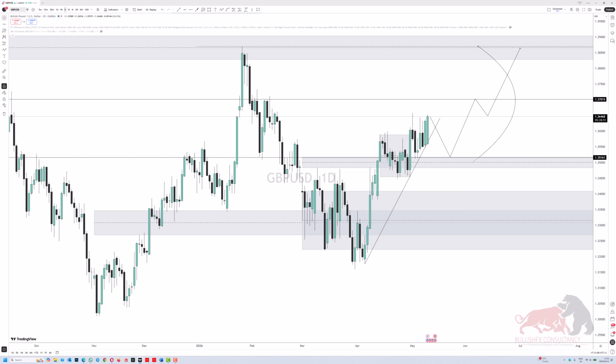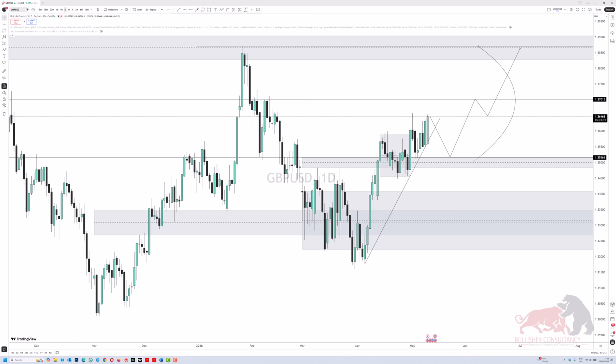Broader US dollar weakness, declining US real yields, improving risk sentiment, and a bullish higher time frame price action structure. That's what we have currently on pound USD, and this is exactly the type of alignment professional traders look for, because when macro narratives and price action structure support the same directional bias, probability improves significantly.